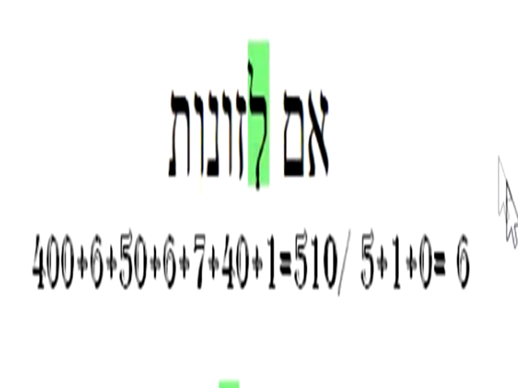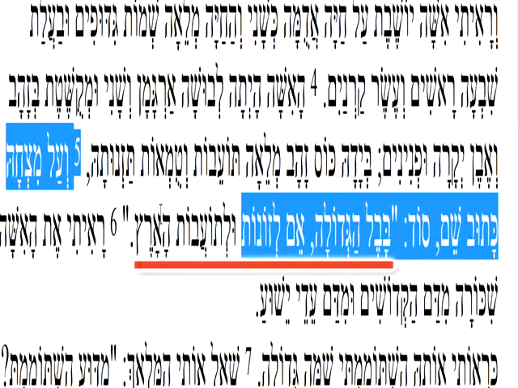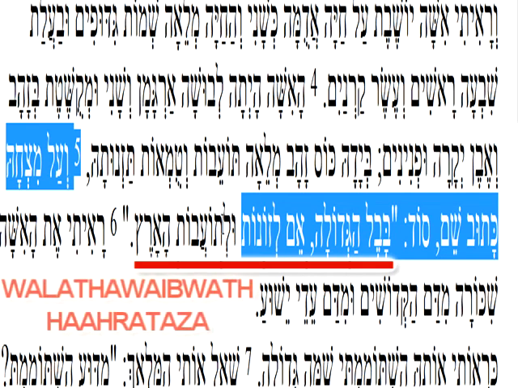All right. So now, like I said, we have to fight between two texts that are out there. So now this right here, this is the other text where the mother of harlots part worked, and the Babylon the Great part worked. But then the abominations of the earth on this one, which is Wala Thawaib Wath Ha'aratazah, this doesn't work.